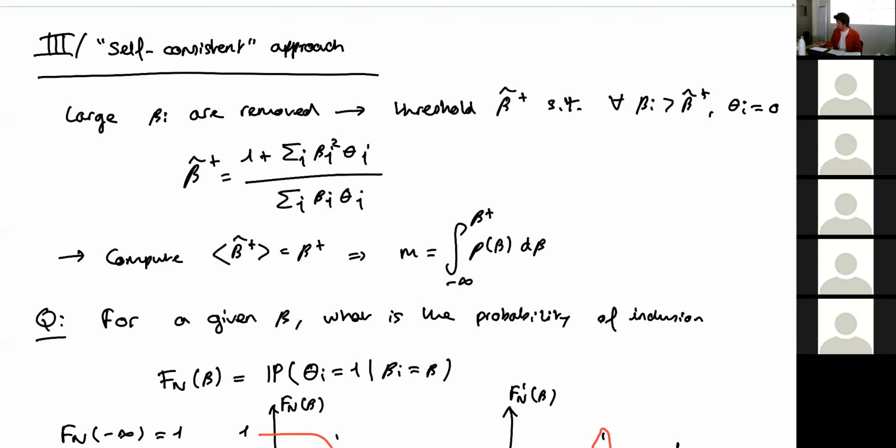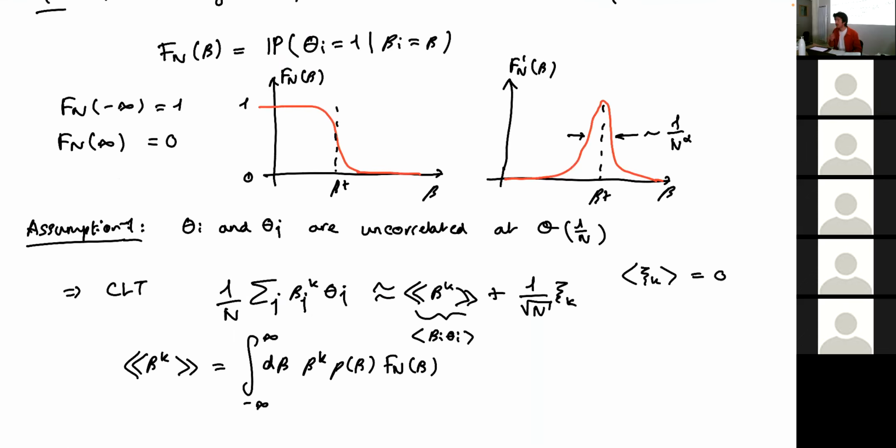Maybe just a question that maybe you can come back to later. Is it obvious that the distribution of beta will remain nice and that it doesn't exhibit, for example, a phase transition, like a double peak or something like this, or multiple? So you mean the distribution of betas that are included?